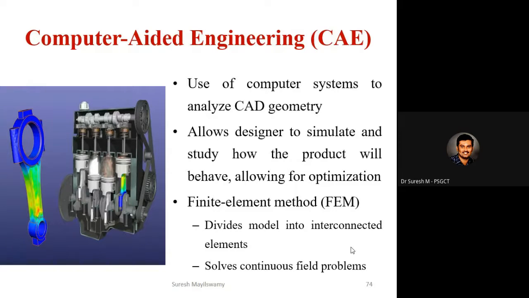The finite element method divides the model into interconnected elements. It may be triangular or quadrilateral elements. Solve continuous field problems. After developing a geometry by using geometric techniques, that is considered as a design. Your design will be checked by using this kind of software, which is called computer-aided engineering software.